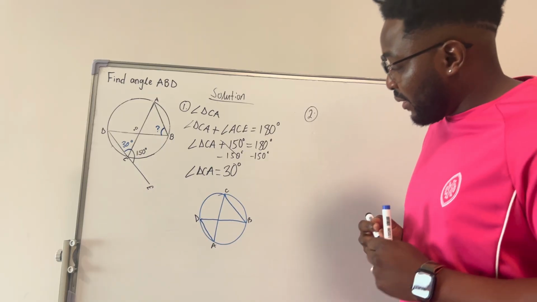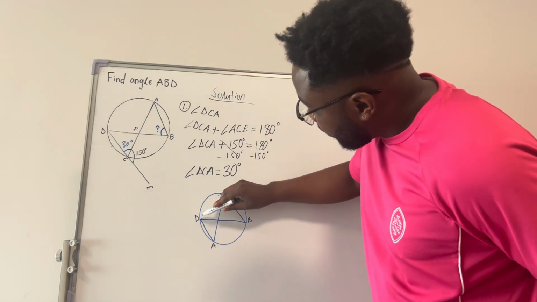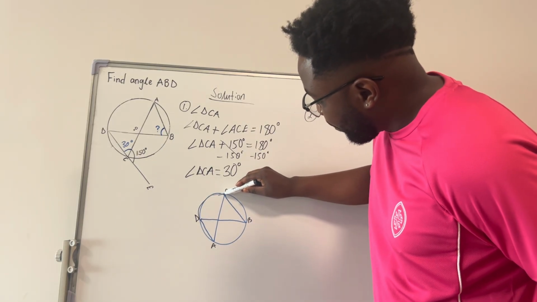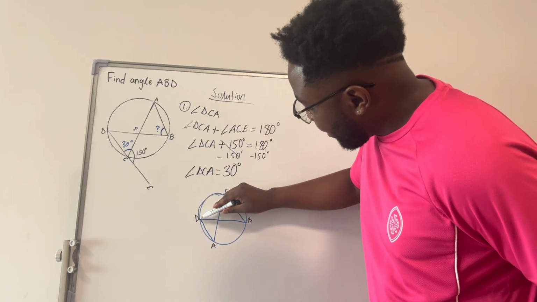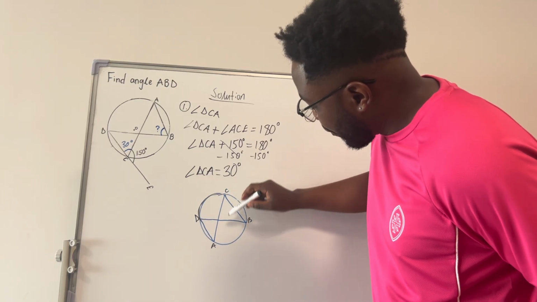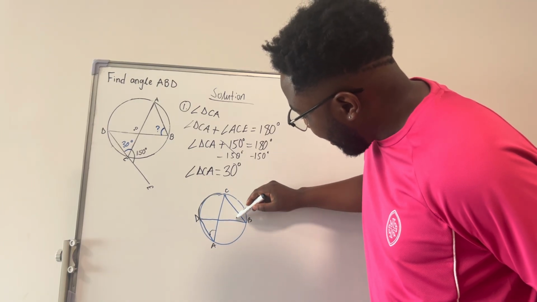So let's look at this arc over here, DC. Which angles are subtended by this arc? You find that it's this angle and this angle.